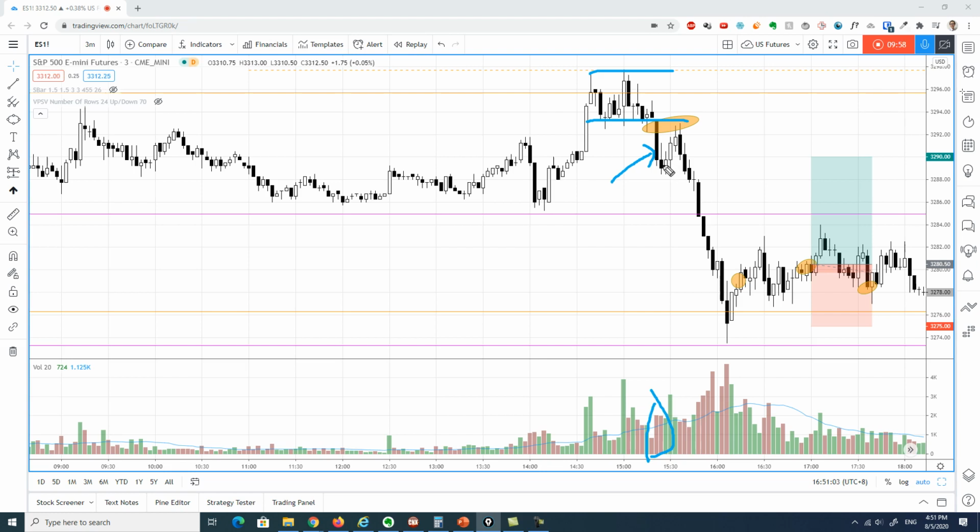Subsequently, we have a backtest forming the last point of supply. This is the LPSY here, which backtested this resistance level, and then was followed by a failure, reversal, and a sell down. So this is a very clean trade, pretty much a textbook style entry.